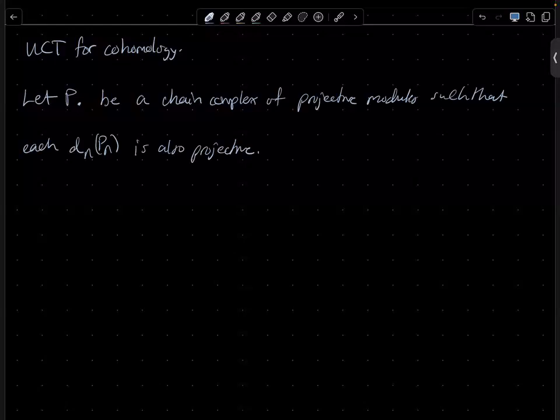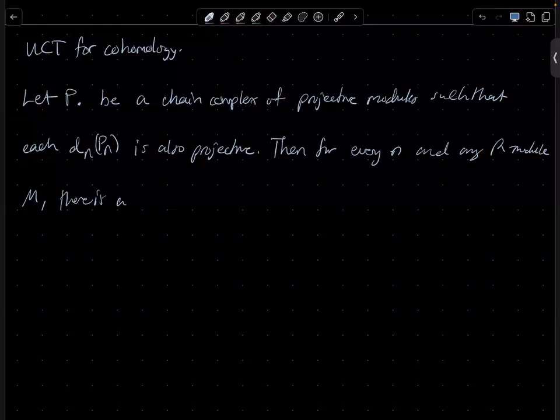This is a weird, maybe not so weird condition from the point of view of the cohomology and homology theories appearing in topology, but this is just something we need. Don't ask me why. Then for every n and any R-module M, there is the following short exact sequence.